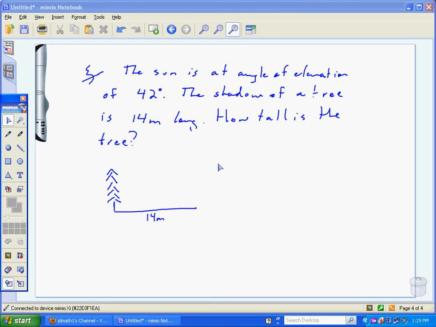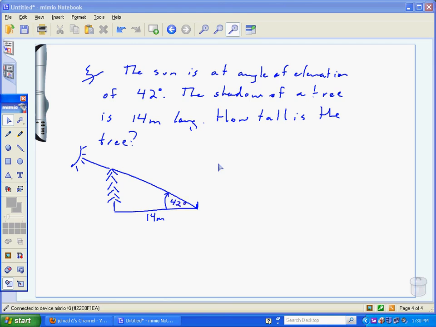Let's just assume this is the end of the shadow. And the sun, way up here, casts light on this tree, and beyond that tree is dark, which creates a shadow. We know that the angle of elevation to the sun was 42 degrees.